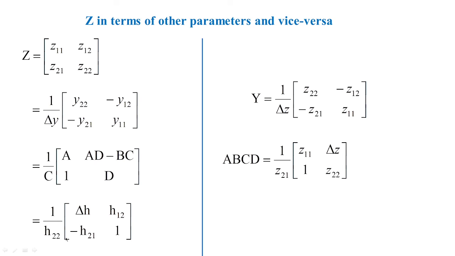Now set the same example for hybrid parameters. You can see here 1 divided by H22, it is here Z22. So I can take H22 to be equivalent to Z22, delta H equivalent to delta Z, H12 equivalent to Z12, minus H21 equivalent to minus Z21, and 1 remains as it is, so that I can obtain hybrid parameters in terms of impedance parameters.